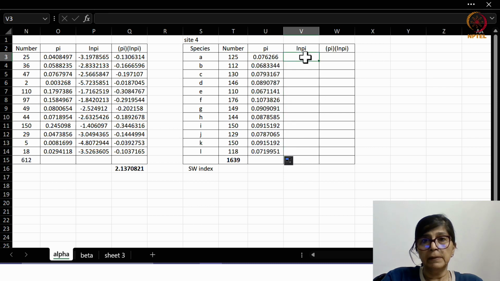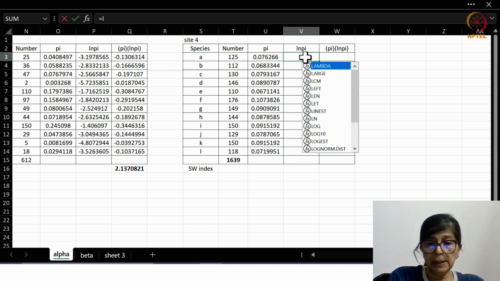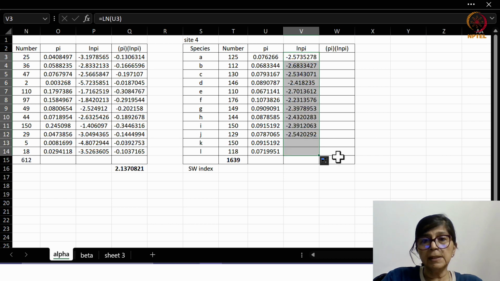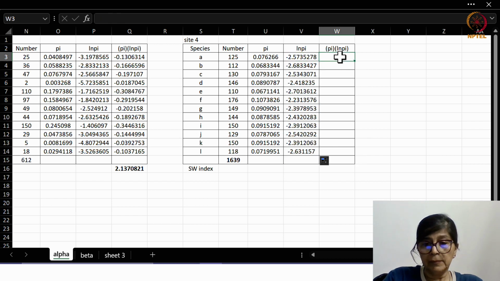Okay, now natural log of this proportion gives us this. Now pi times lnp.